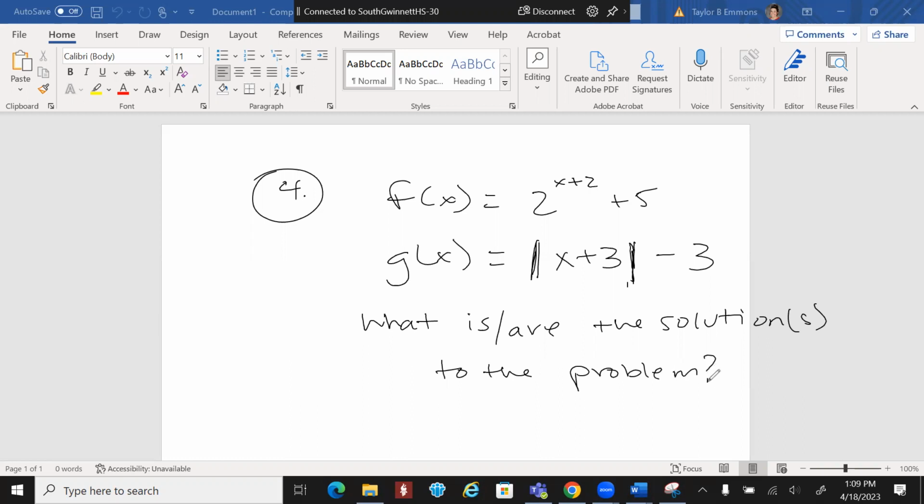How would you go about doing this? Okay, good. So I would plot this in Desmos, and wherever they cross over, boom, that's your answer. So we're going to do that in just a second.